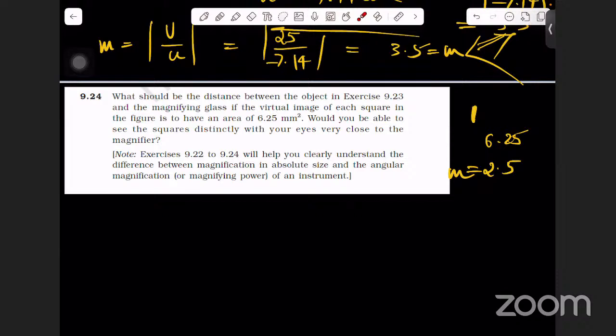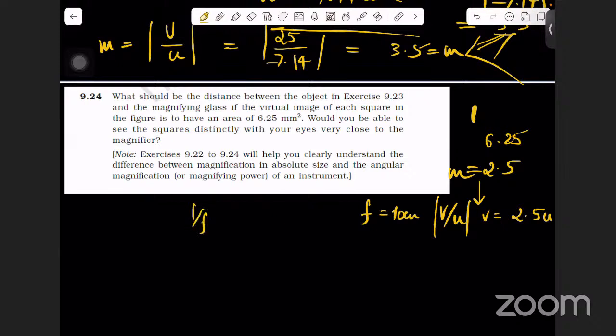Now what is m? The m is mod of v by u, right? So v should be equal to 2.5 times u. Now you have your f, which is 10.